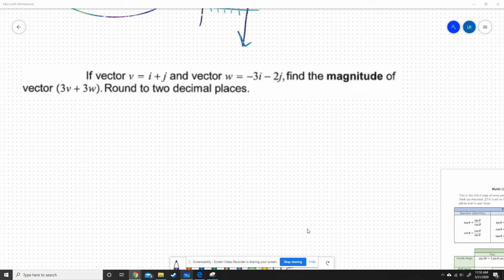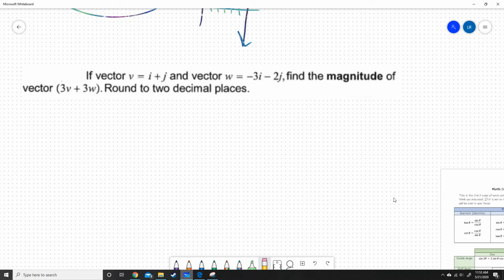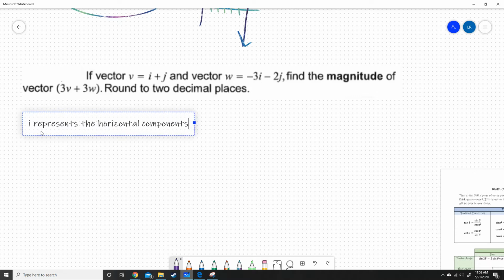Okay, in this video, we are going to do some vector addition and then find the magnitude of a vector. There's a couple of things that we need to understand. I represents the horizontal components, and I'll tell you in a minute what that means.